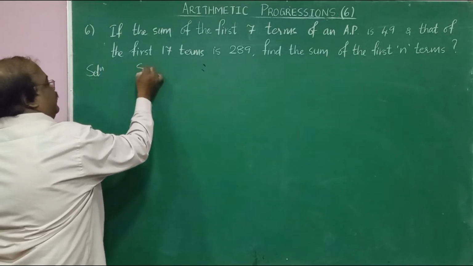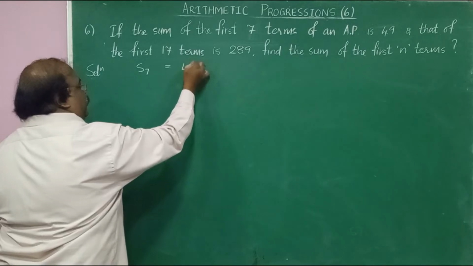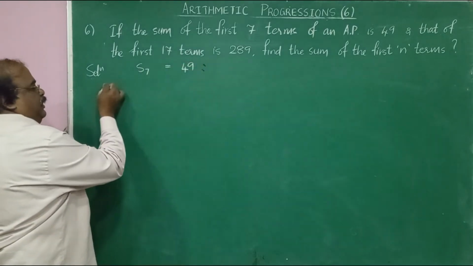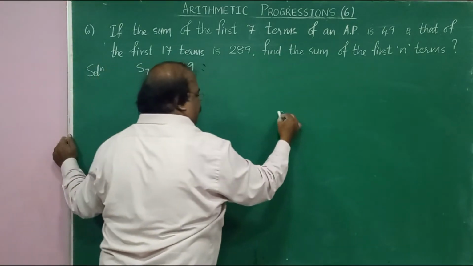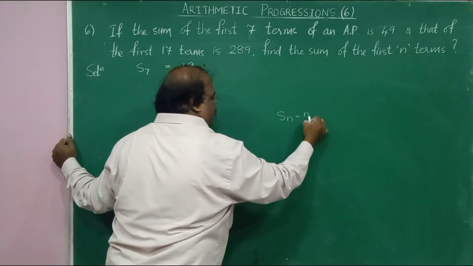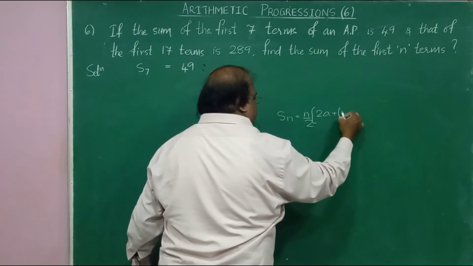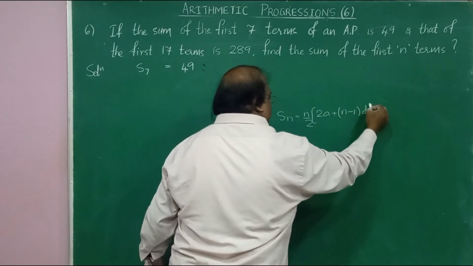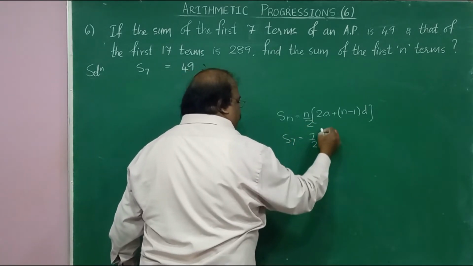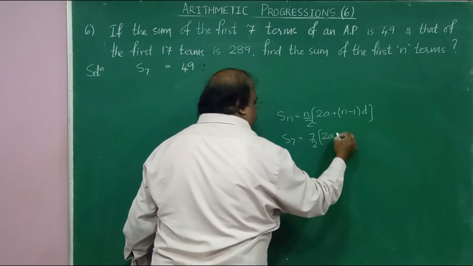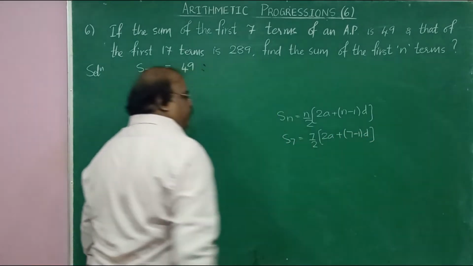I know that S7 is 49. I am using the formula. What is Sn equal to? You know that Sn is equal to n upon 2 into bracket 2a plus n minus 1 into d. So what is S7? 7 upon 2 into bracket 2a plus 7 minus 1 into d.